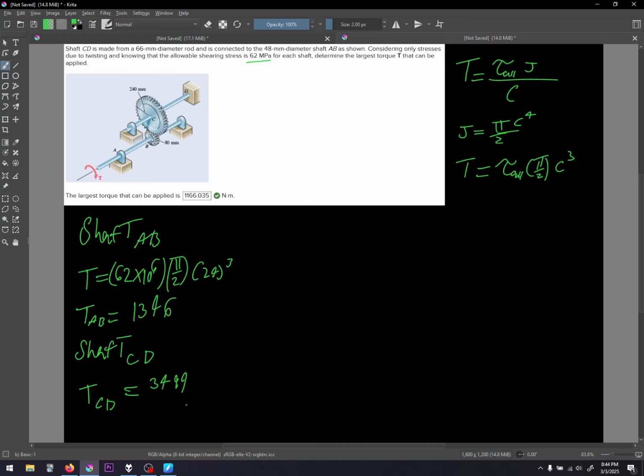Okay, gearing ratio. Wait, we have TAB and TCD. I guess it's asking for the largest of the two. So now let's look at the gearing ratio.